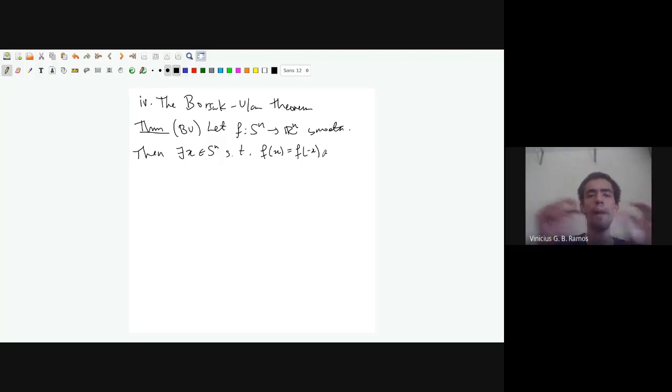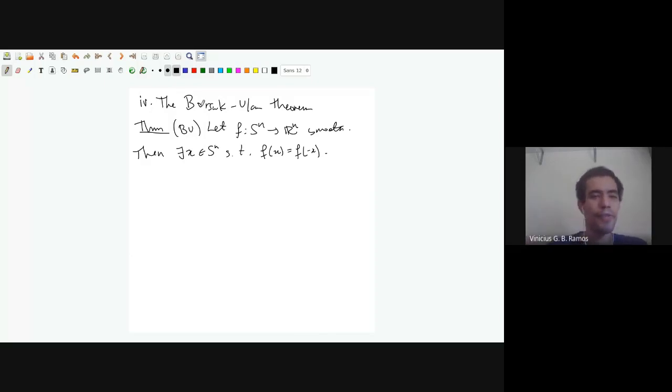So there are two opposite points that are mapped to the same element of R^n. Okay? So that's the statement of the theorem. And why is that interesting? There are some meteorological applications of it.